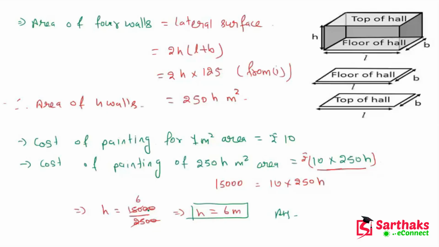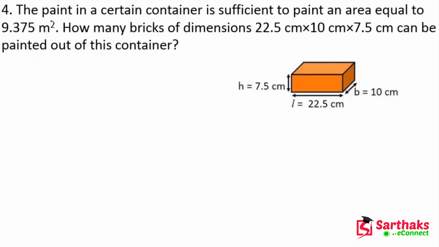I hope my dear friends you understand these things. So now let's move on. The next question is: the paint in a certain container is sufficient to paint an area equal to 9.375 meter square.